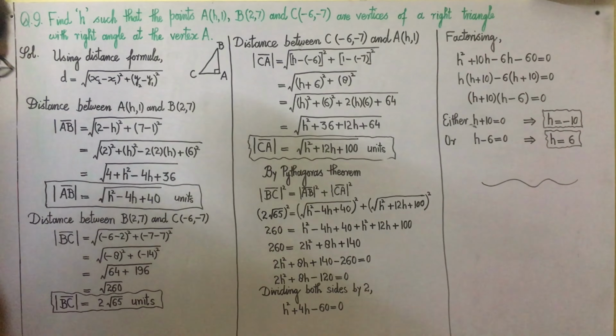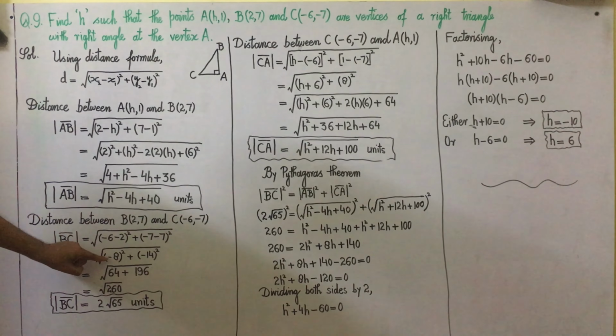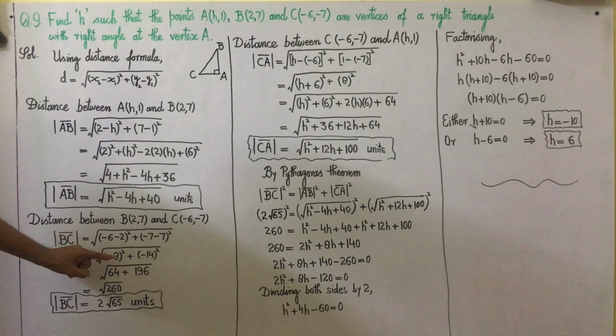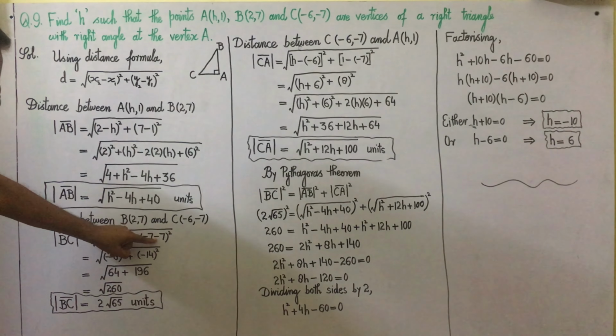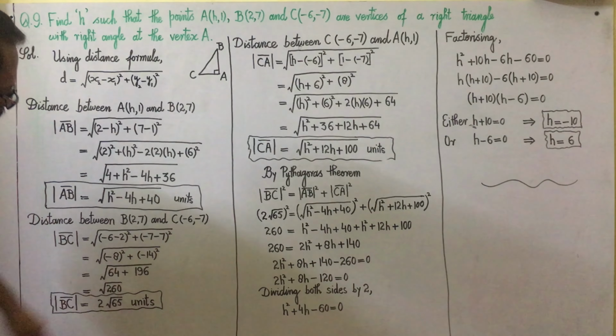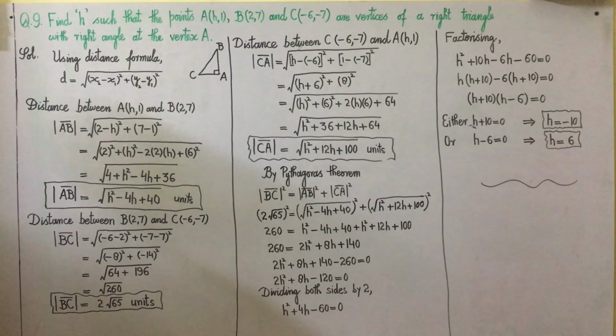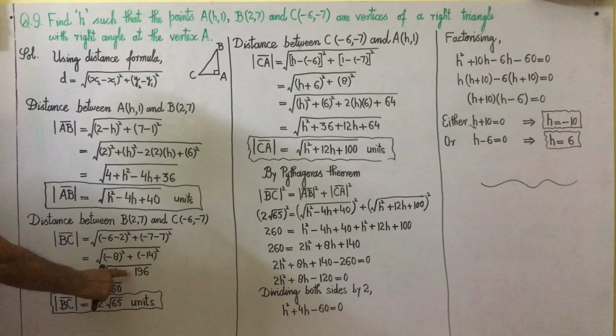Minus 6 minus 2 is minus 8, so minus 8 square, plus minus 7 minus 7 is minus 14, so minus 14 square. Minus 8 square is 64 plus minus 14 square is 196, under the square root.